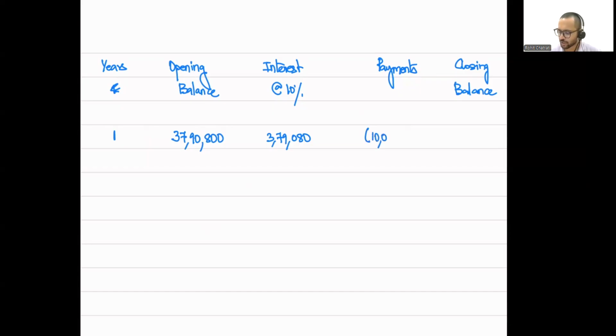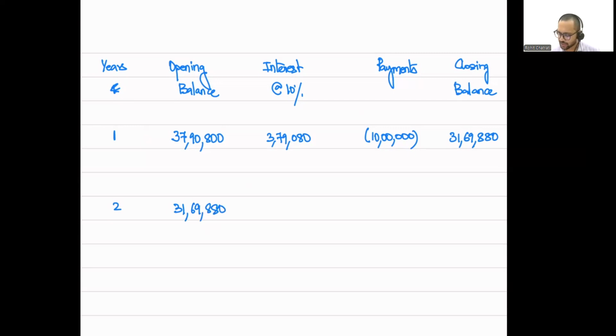I reduce payment of 10 lakh rupees to arrive at a closing balance of 37,90,800 plus 3,79,080 less 10 lakhs, which is going to be equal to 31,69,880.